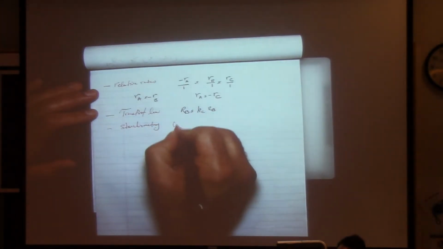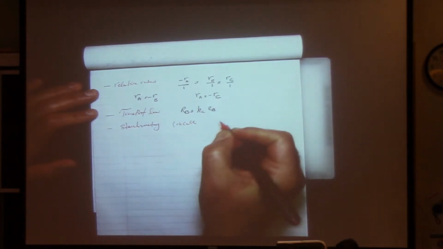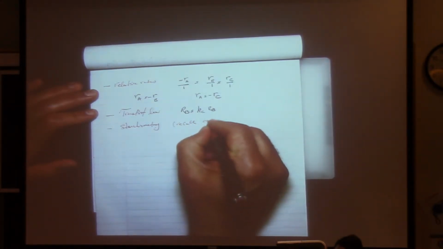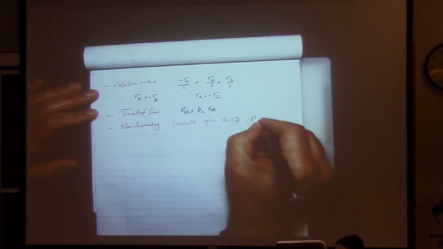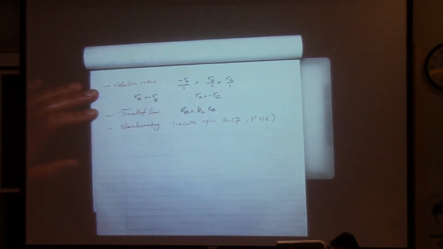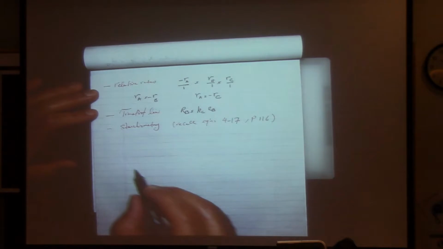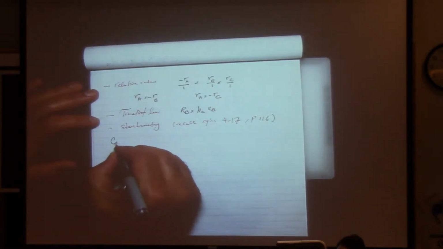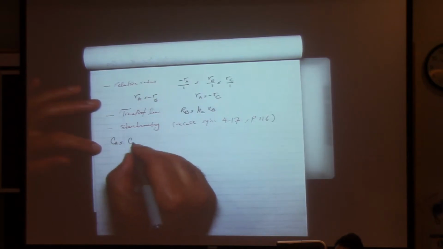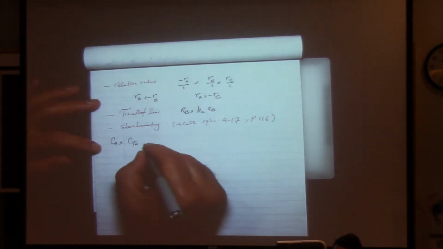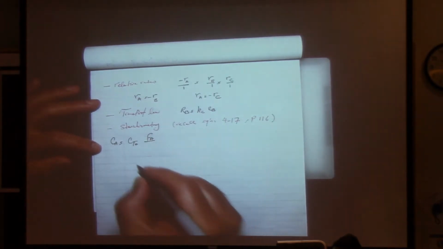So just recall equation 4-17, page 116 of your book. If you remember, we had CA, the concentration of A, was CT0, the initial total concentration, times FA over FT.